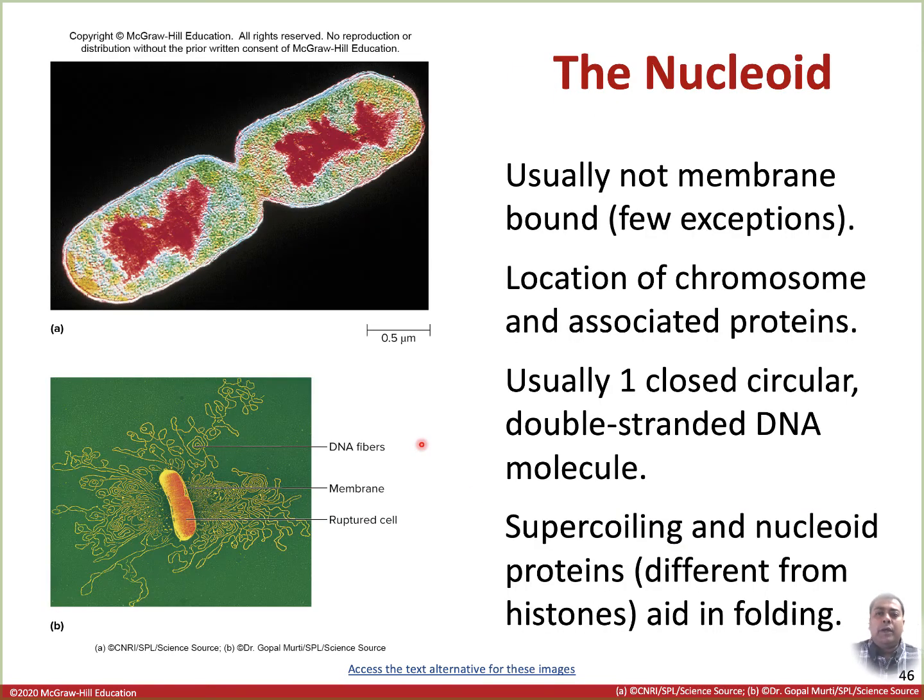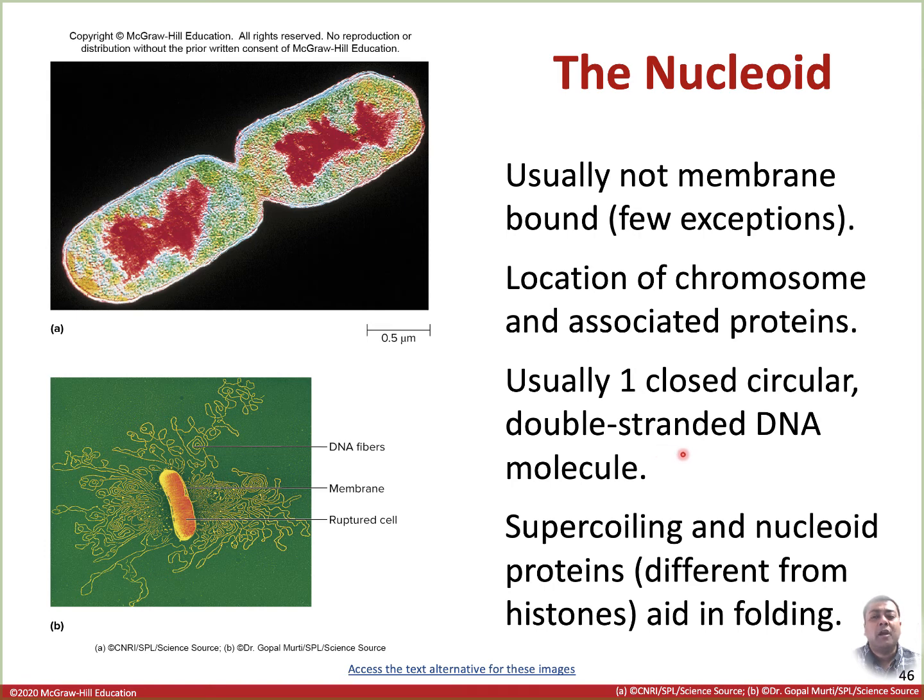The nucleoid is usually not membrane bound like in eukaryotes, with a few exceptions. This is where the chromosomes and associated proteins are located. Usually the bacteria have one closed circular double-stranded DNA molecule, just one chromosome, but sometimes bacteria can have a linear DNA molecule, as Vibrio does.